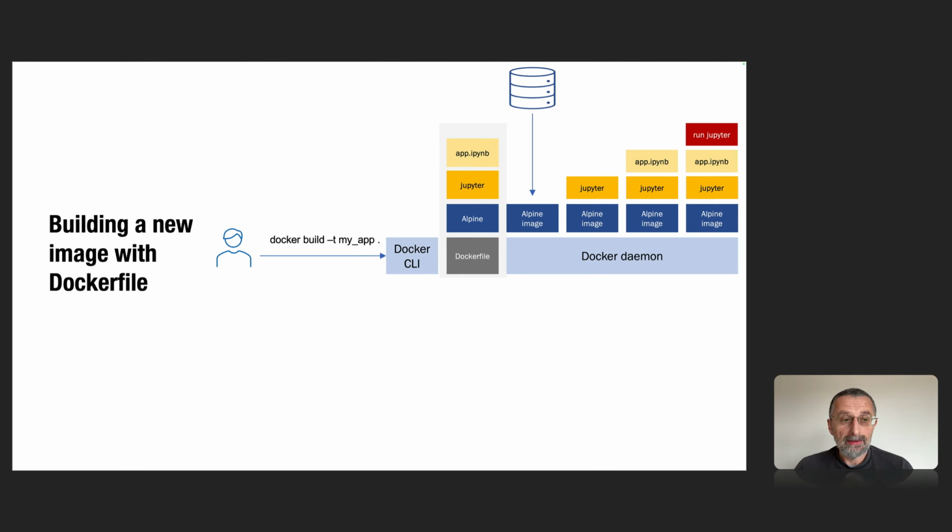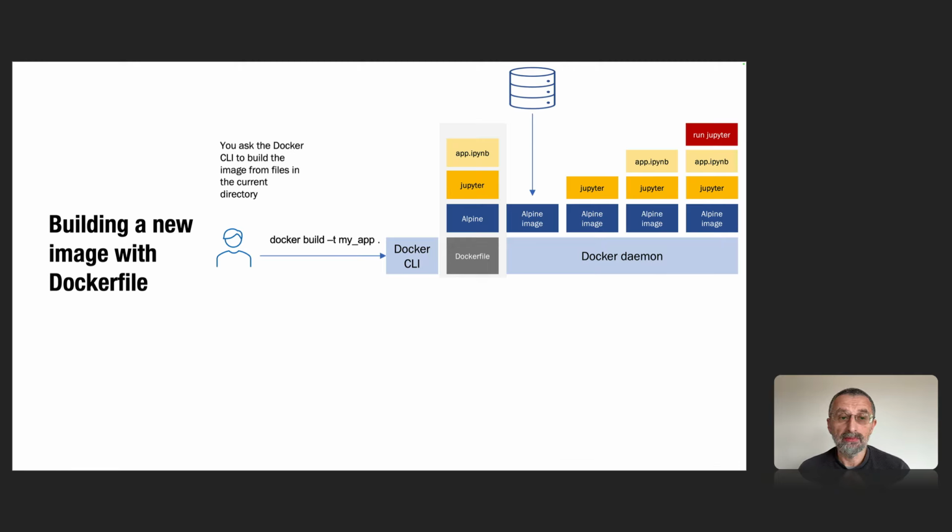So, what's going to happen when you build a new image with a Dockerfile? As you remember, you type in your command line interface the command docker build -t my app, space, dot, which reads a local Dockerfile.